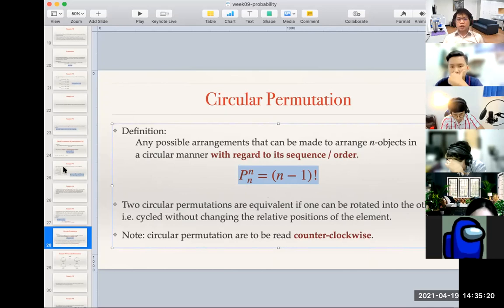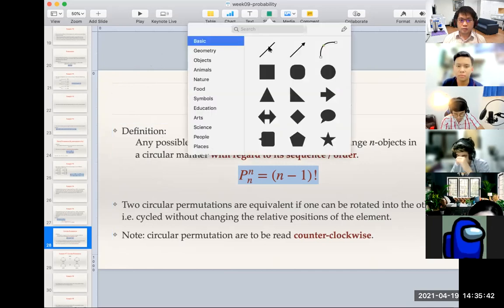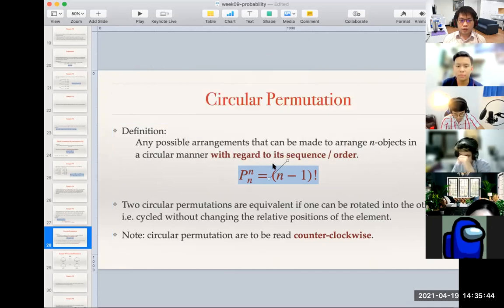The previous two, the complete permutations or the partial permutations, talk about linear permutations. The sequence or the order is formed in a linear structure. Assume you have this line.